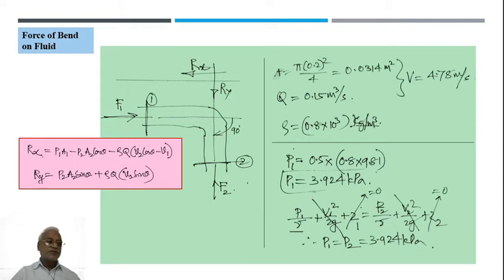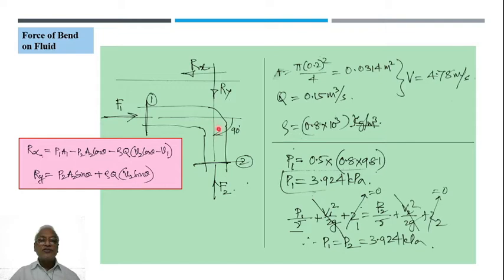Let us see a numerical problem situation. There is a right angle bend, and as seen here in the data, cross sectional area is pi d squared by 4, and it looks there is no change in diameter of the pipe. So that's why A1 is equal to A2 equal to 0.0314.